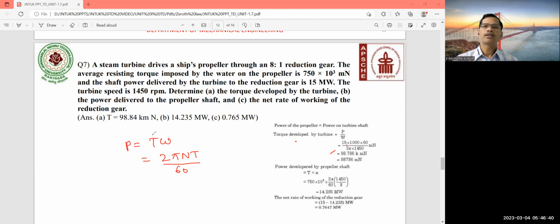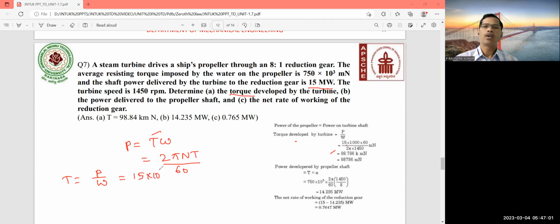Here it is asked to find the torque. Torque is equal to power by omega. The power is given as 15 megawatt.